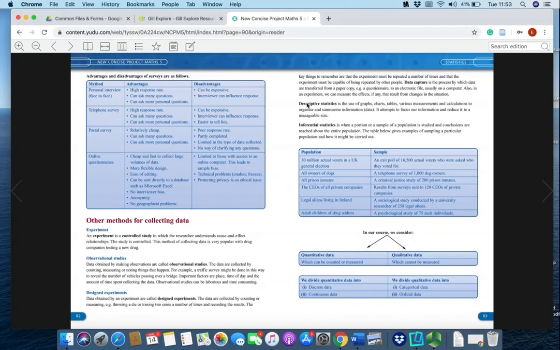Okay, so that then brings me on to descriptive stats versus inferential stats. Descriptive stats is when you gather a body of data and you use graphs, charts, tables, measurements such as mean, mode, median, and so on, to organize and summarize your data. It attempts to focus our information and reduce it to a manageable size.